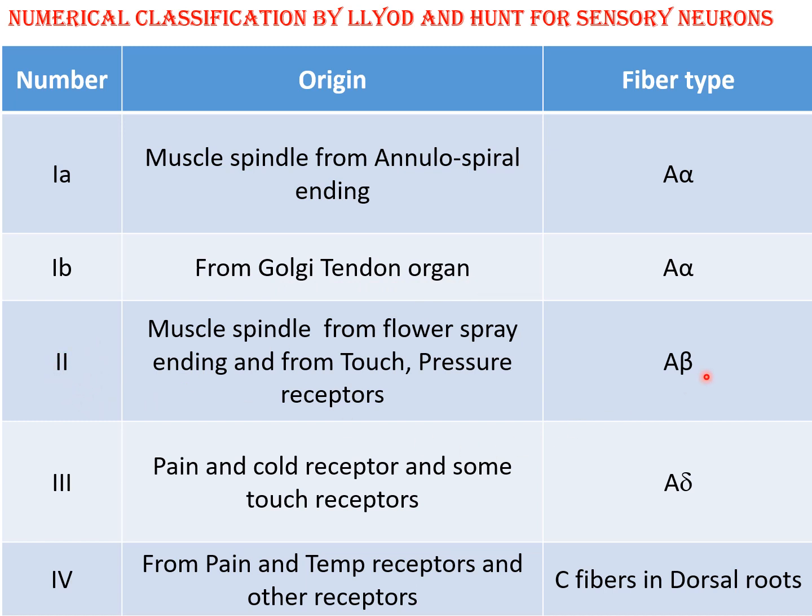And 2 is A beta, with origin from the muscle spindle flower spray ending and from touch pressure receptors. 3 is A delta fibers, with origin from pain and cold receptors and some touch receptors. Then 4 is C fibers in dorsal root, with origin from the pain and temperature receptors and other receptors.